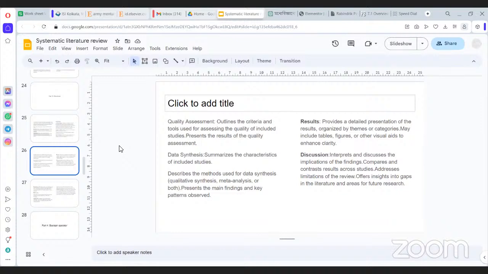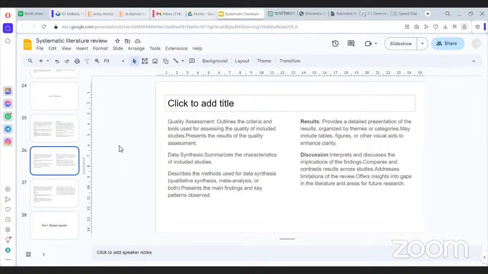Next is results. Provides a detailed presentation of the results organized by themes or categories. May include tables, figures, or other visual aids to enhance clarity. Yeah, so this result section is very, very important. In this result section, you have to justify to what extent the studies are related with each other and the effect size of your study.